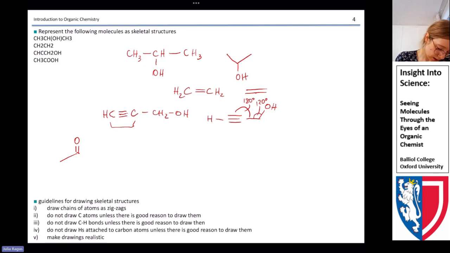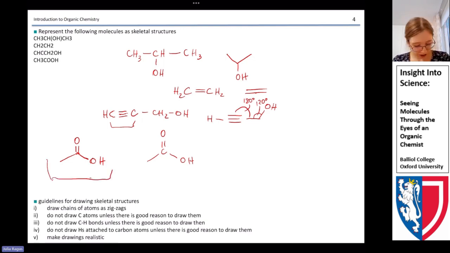Okay, let's see. So that would be a representation. Some people, you might come across some people representing your carboxylic acid like this, just to highlight that it is a carboxylic acid. However, in professional literature, people would usually just go for the structure on the left. Right.